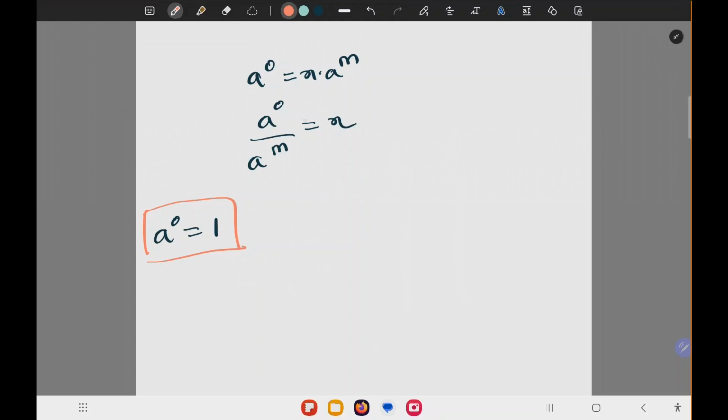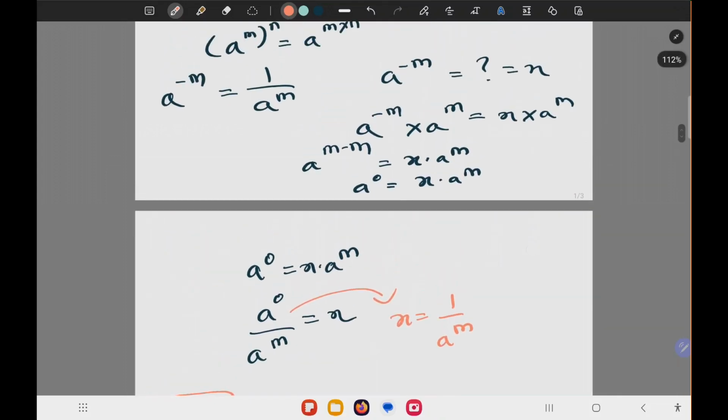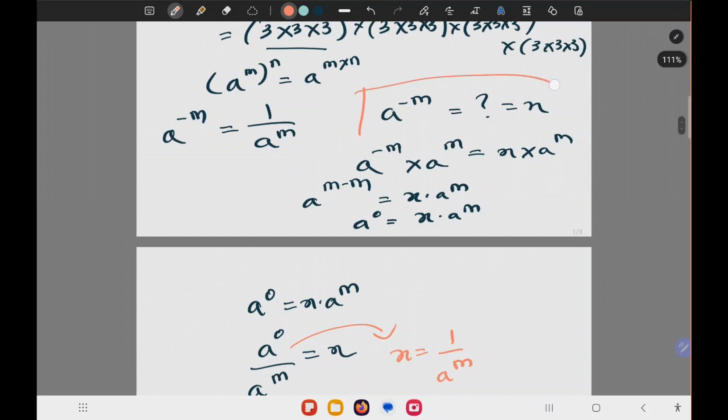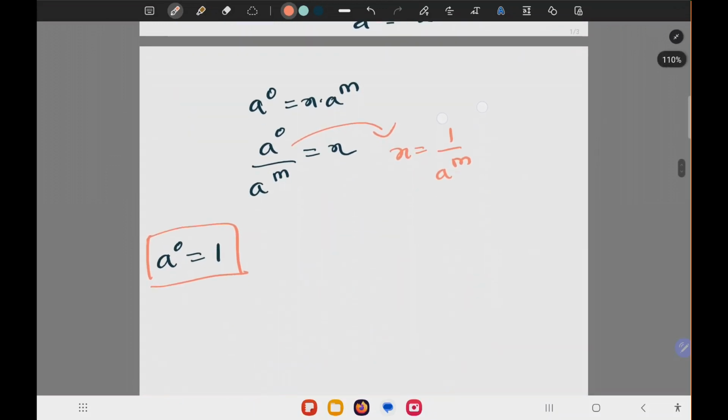So if a to the power 0 is 1, this means that x is equal to 1 upon a to the power m. But what was x? When we assumed x, it was actually a to the power minus m, right? So a to the power minus m is equal to 1 upon a to the power m.